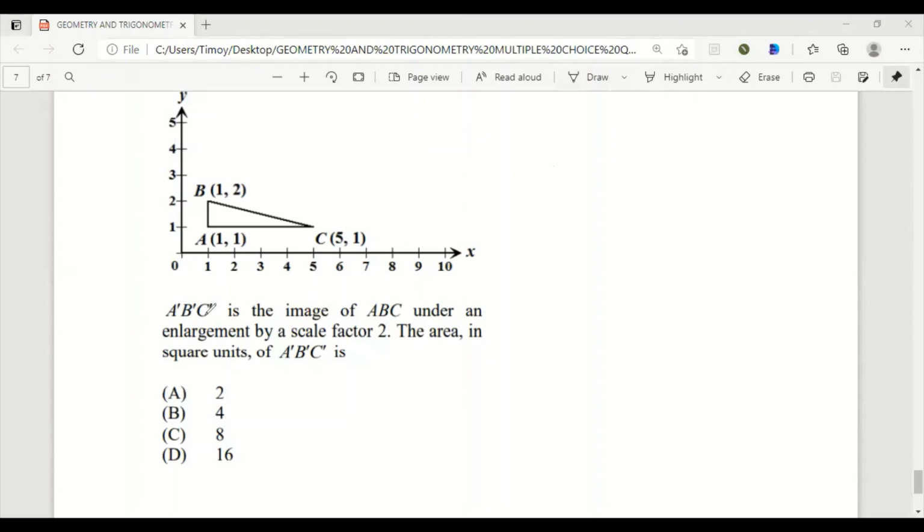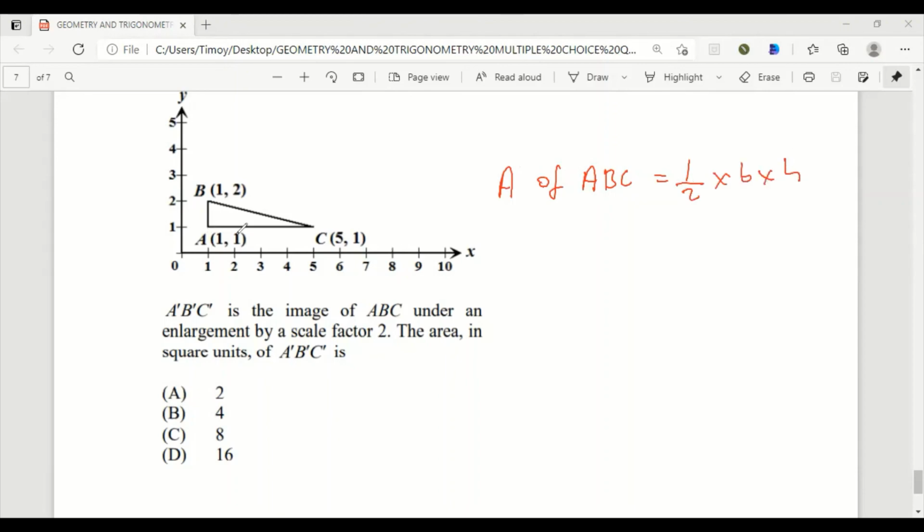A prime, B prime, C prime is the image of ABC under an enlargement by a scale factor 2. The area in square units of A prime, B prime, C prime is, first we need to find the area of ABC. The area of ABC is going to equal half times the base times the height.